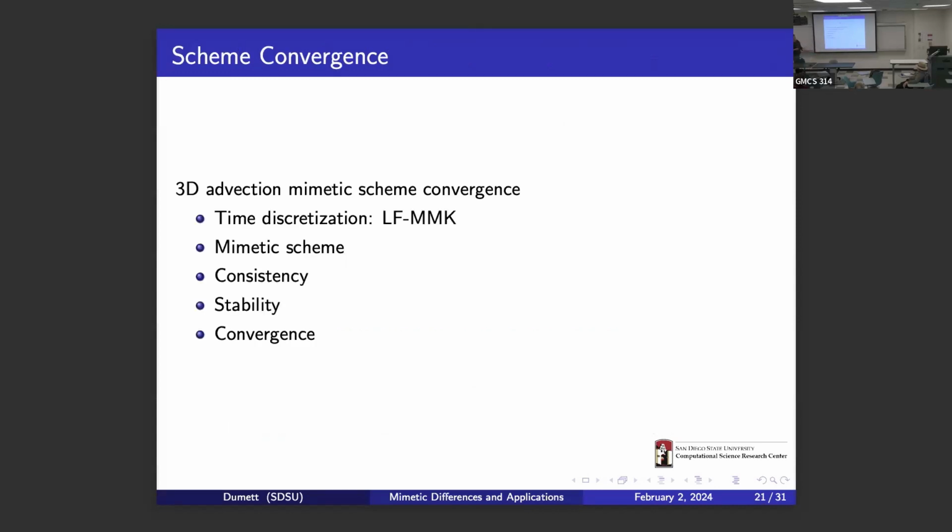Then, in addition to that, using exactly this technique, these formulas, and whatever is known from the theory of convergence, so using the Lax-Richtmyer theorem, and using a local differential error, stability, and consistency, we're able to prove that for instance, a 3D advection system using a special method for integrating in time.